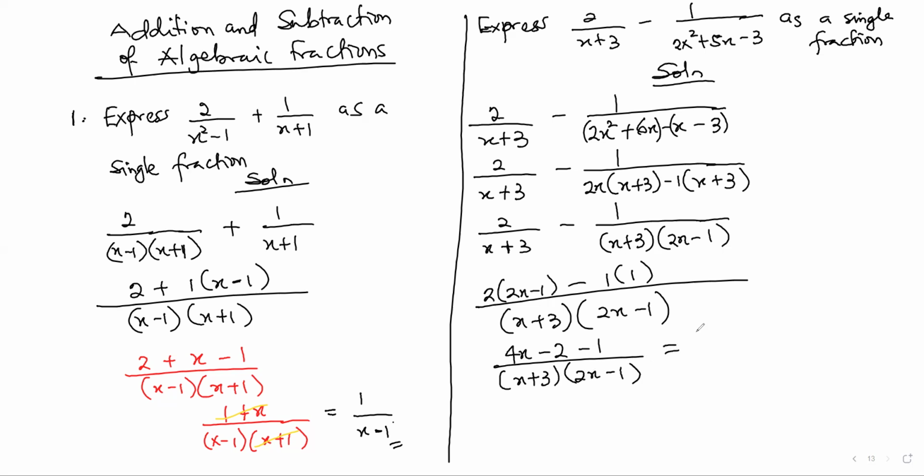So we have 4x, negative 2 minus 1 is negative 3, divided by x plus 3, 2x minus 1. So that's the answer. We now move on to multiplication and division.